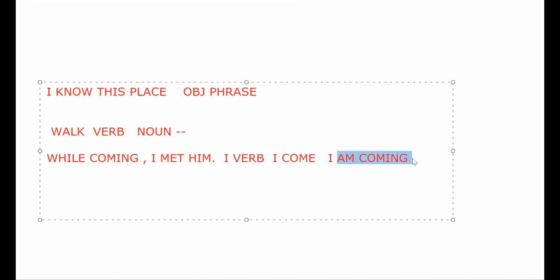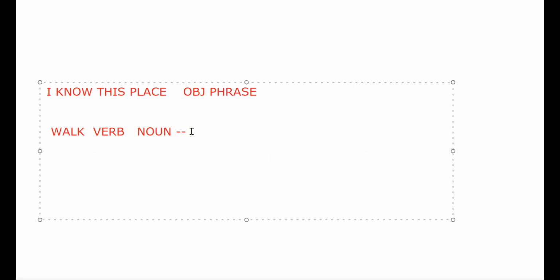You say this one. So the point I'm trying to make, guys, is that if you see verb plus ing form without a be form, that verb plus ing form is not a verb. It is used as a noun. When I ask you what is the noun form of walk, you should tell me walking.